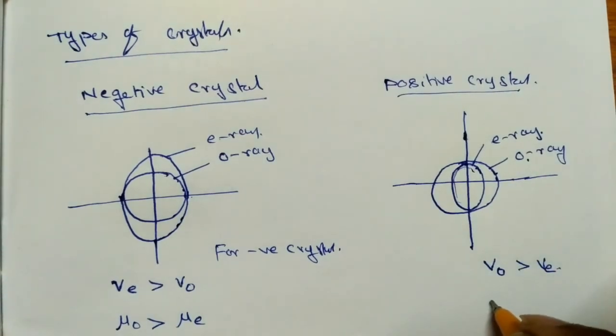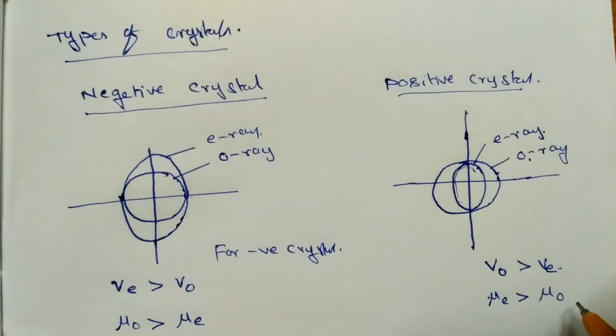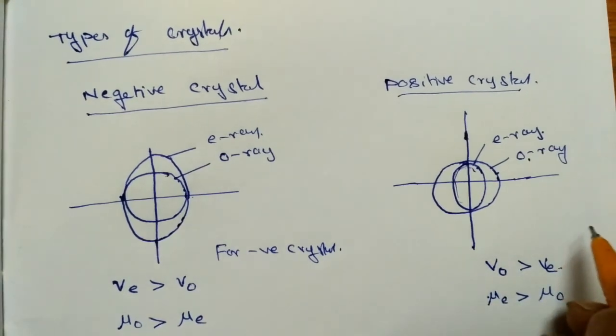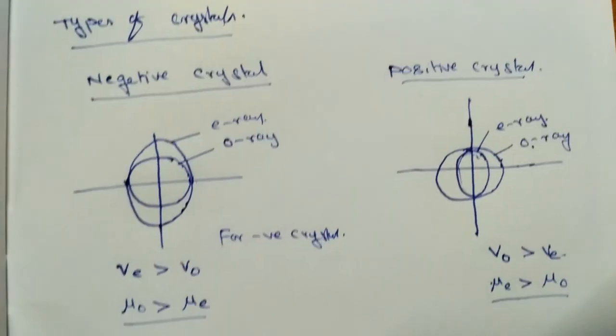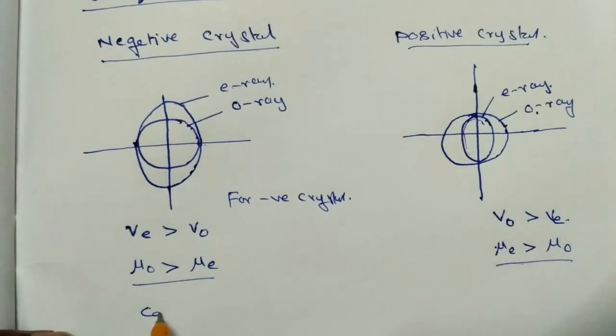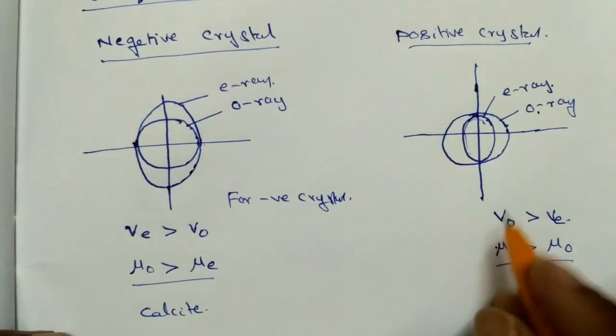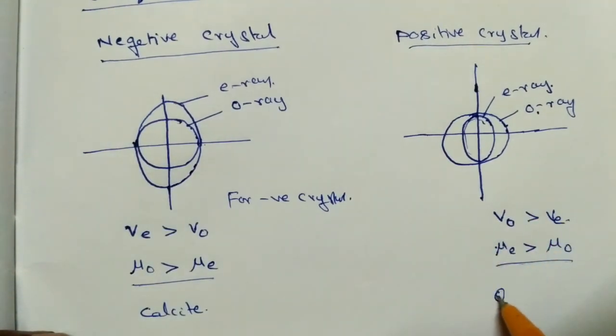Then the refractive index of the extraordinary ray is greater than the refractive index of the ordinary ray here. That is why we take these parameters in phase retardation plates. The example for a negative crystal is calcite. The positive crystal is quartz.